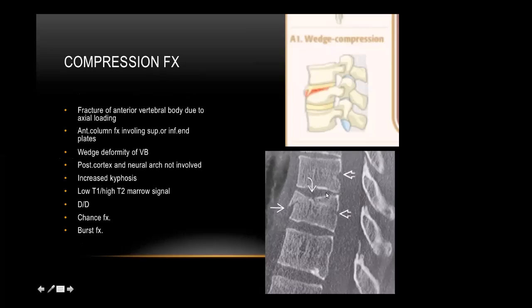Since the other two columns are fine, it's considered a stable injury. The posterior part is fine, the middle part is fine, the posterior cortex is intact. So it's a compression fracture, which is A1, but it is a stable injury. It does not need a surgical intervention, but what it needs is observation.